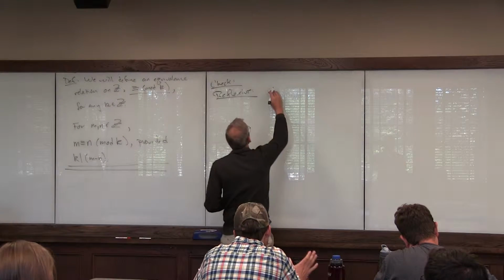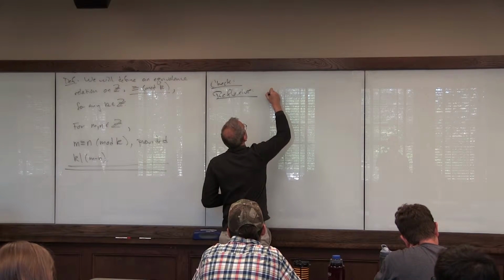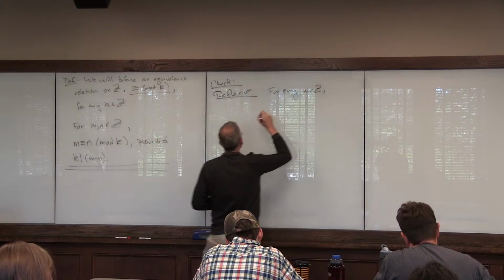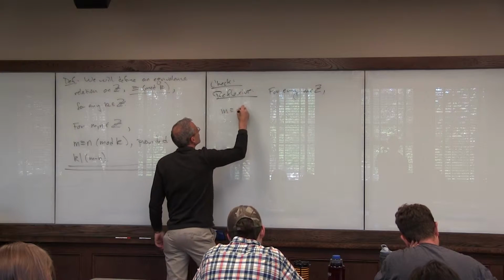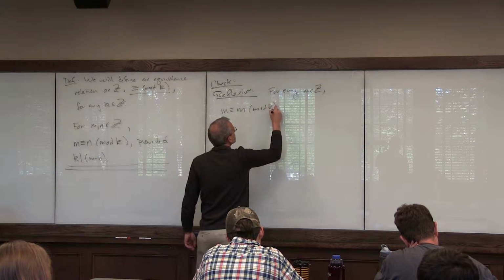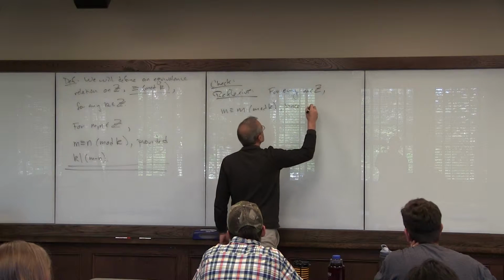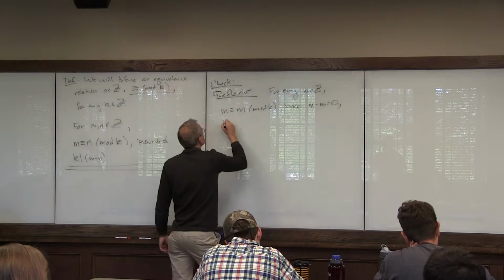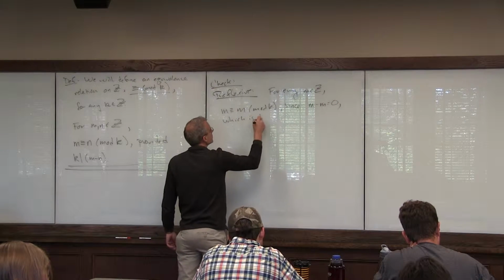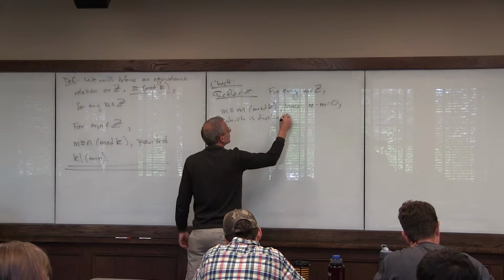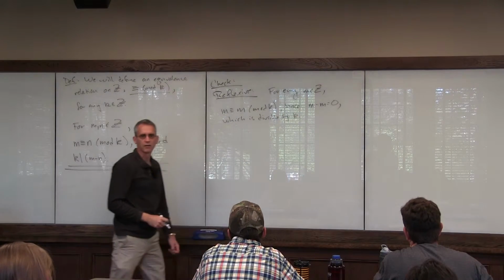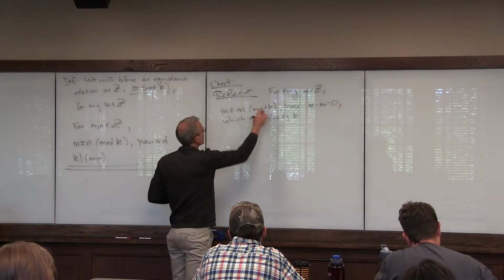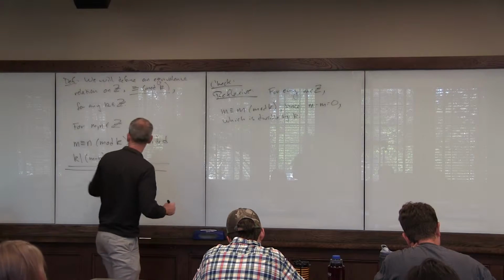So for every m an element of Z, m is equivalent to m mod k, since m minus m equals 0, which is divisible by k. Doesn't matter what k is, it says mod k in there.